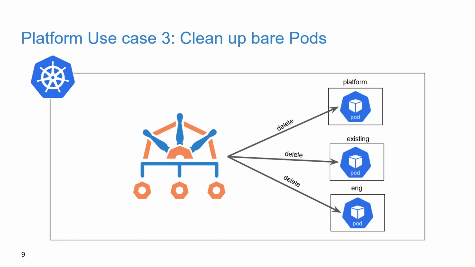I only showed a very simplistic use case here with cleaning up pods, but you can imagine this could be any resource and even multiple resources across your cluster with some very complex conditions that you use in order to reduce the number of matches down to only the ones that you care about. So hopefully this was an enlightening use case on how you can maybe operationalize these types of cleanup policies.